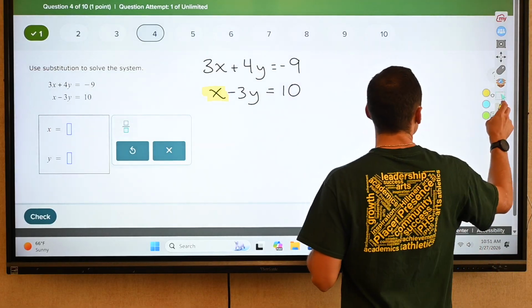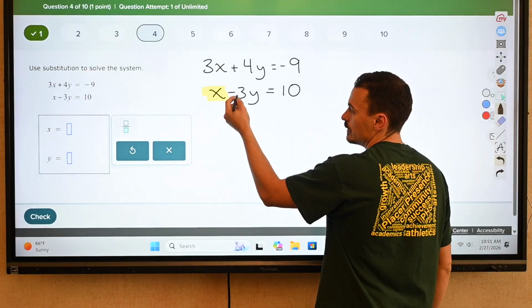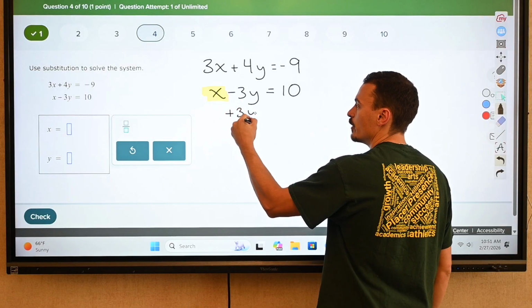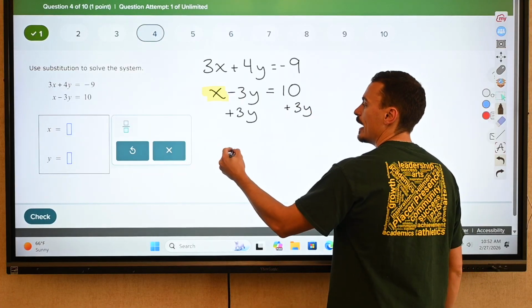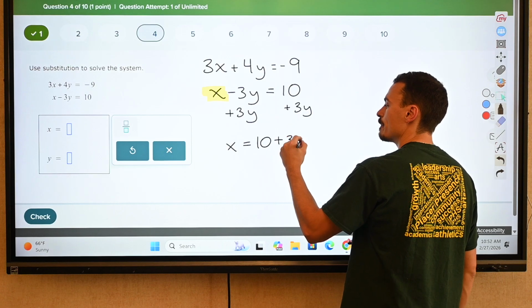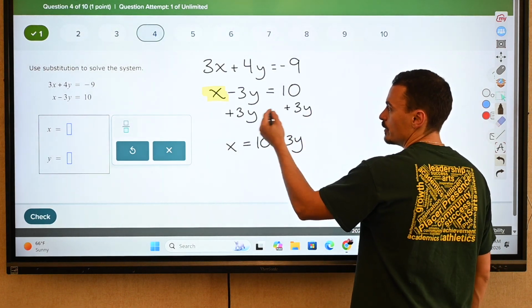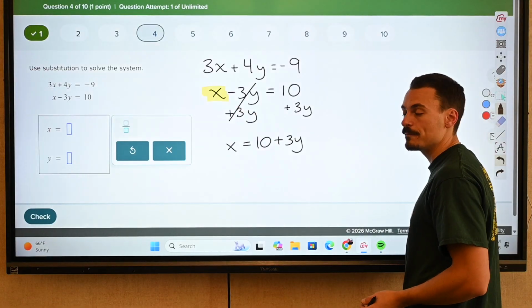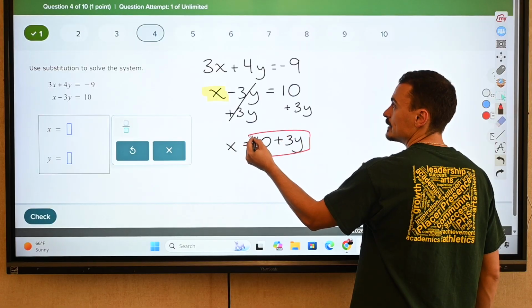And so we can utilize some algebra here and add 3y on both sides to get x equals 10 plus 3y. So we added 3y to both sides, so we canceled the minus 3y. Now we have that x is equal to this.